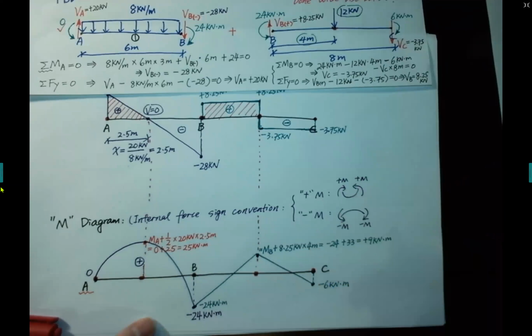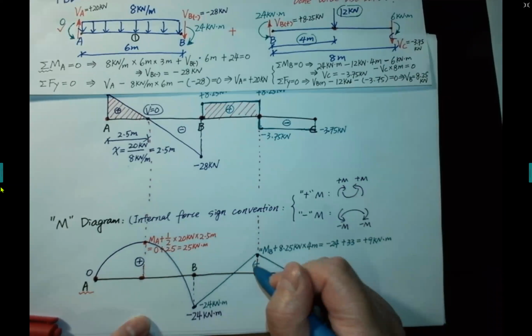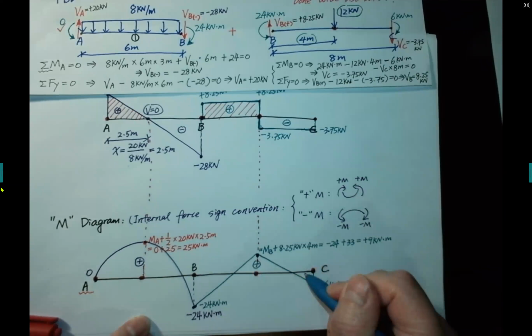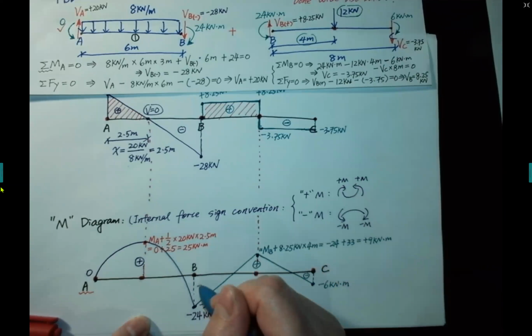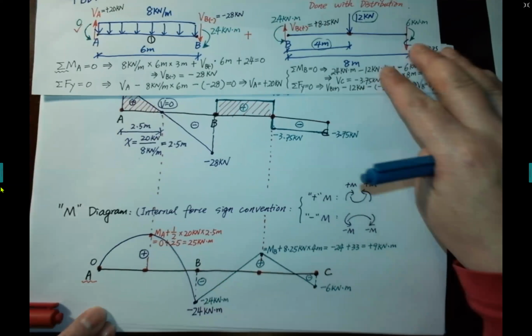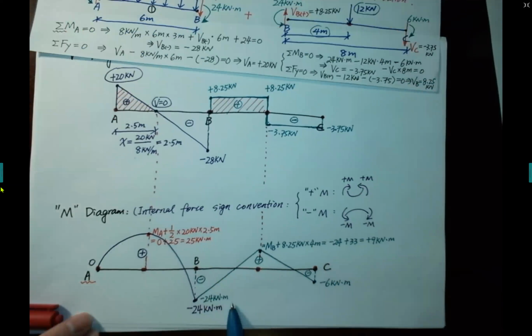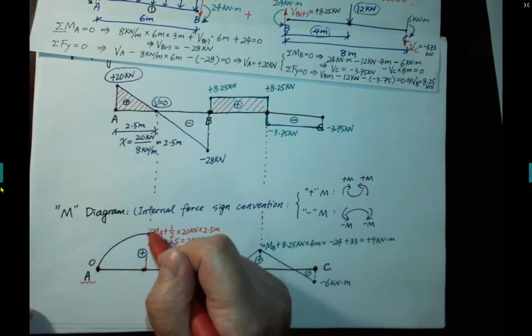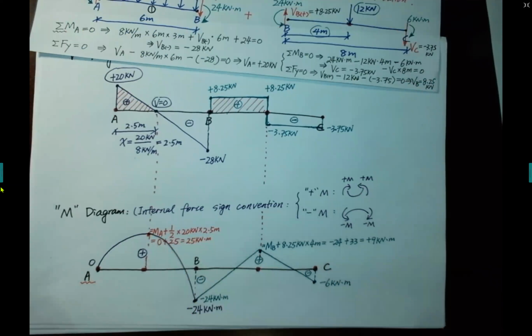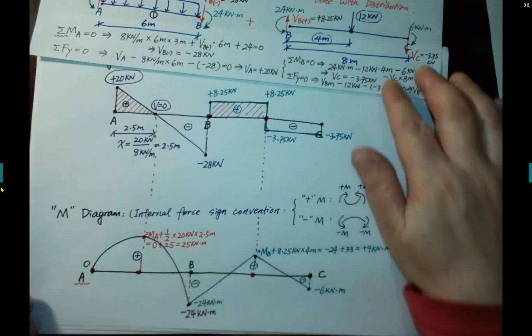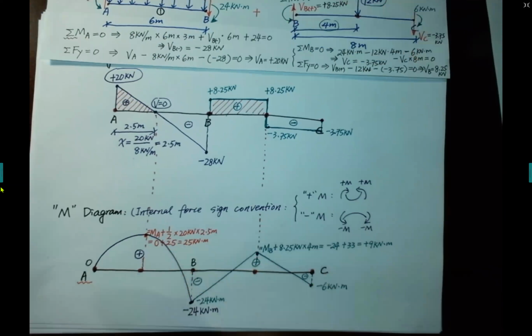Okay, so after that, we finish the moment diagram. And this is the moment diagram of the two-span continuous beam. Done with this example.